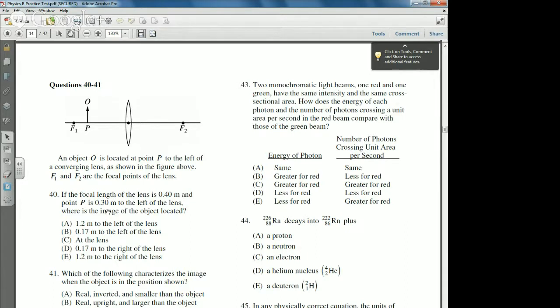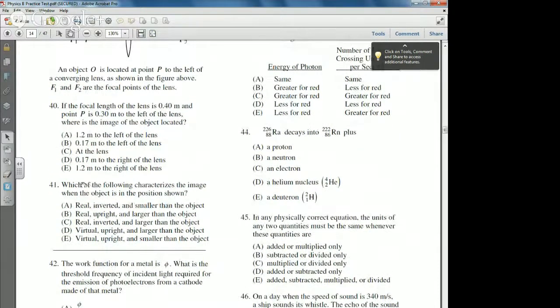Even though individually each red photon has less energy, in order for the red to have the same energy as green, there has to be more photons crossing per unit area. If the lasers have the same intensity, the total energy is the same. But since there's less energy for each red, there has to be more of them to equal the green. So the answer is E.